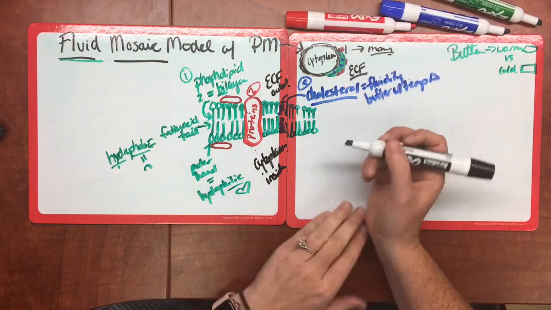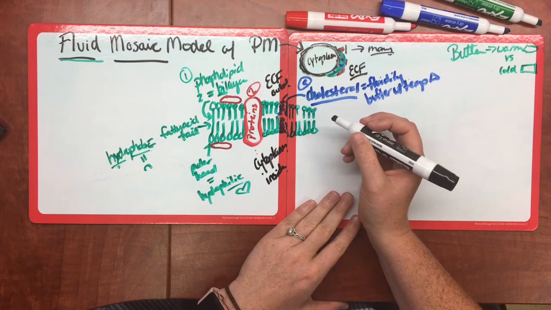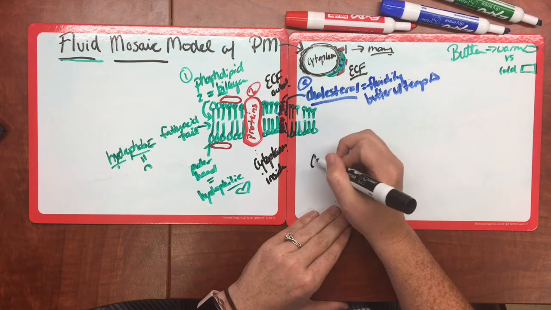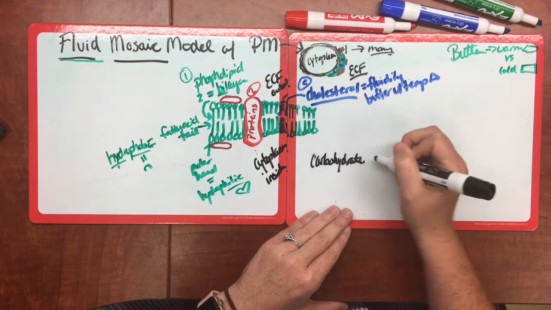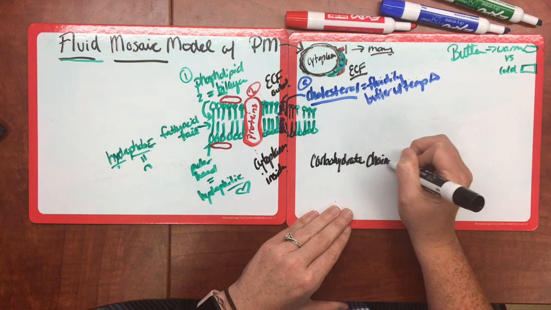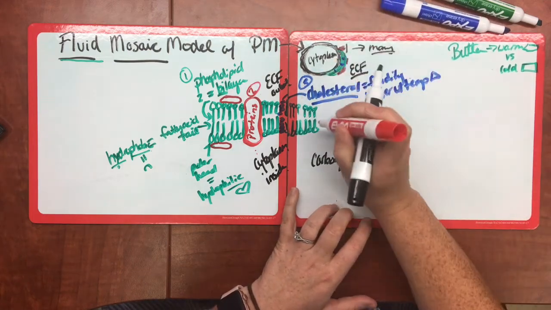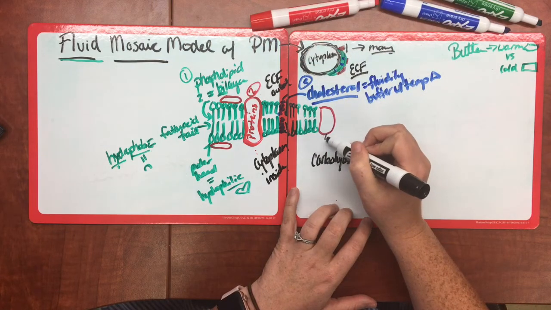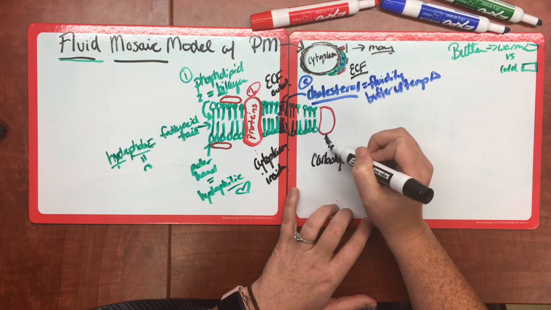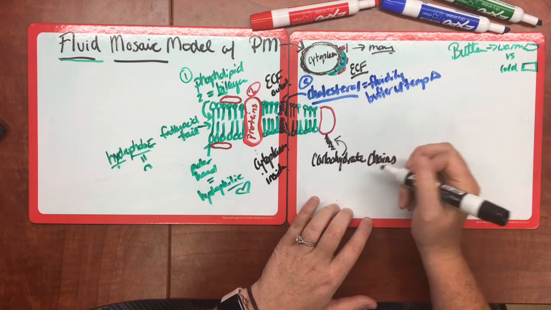Let's draw them in black because we're running out of colors. We could draw carbohydrate chains. You could think of these as sugar chains. And when we add carbohydrate chains to, say, a protein here, I'll just draw them looking like little extensions coming off. This is the carbohydrate chain attached to a protein.